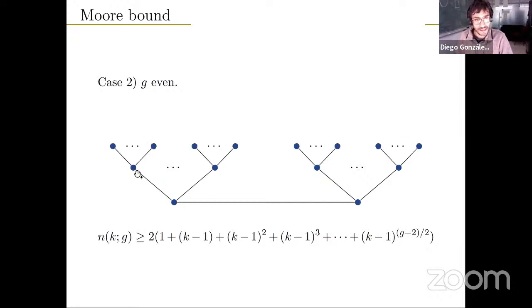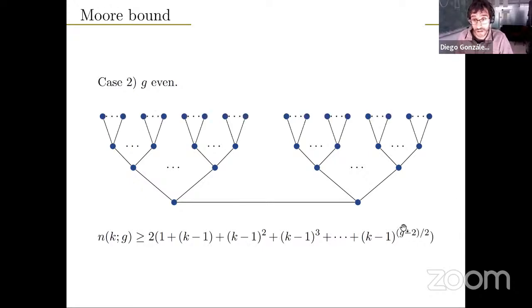In the next level, again, if the girth is long enough, the set of vertices adjacent to these must be an independent set, that is, a set with no edges between the vertices. Here I have k minus 1, and from each of these vertices, we have k minus 1 neighbors. So I have (k minus 1) squared vertices, and so on. I can do this until the vertices are at distance (g minus 2) over 2.